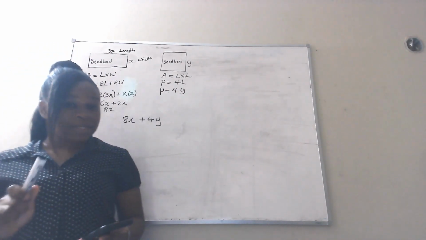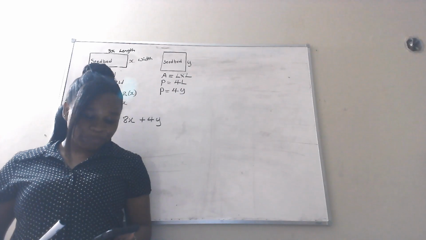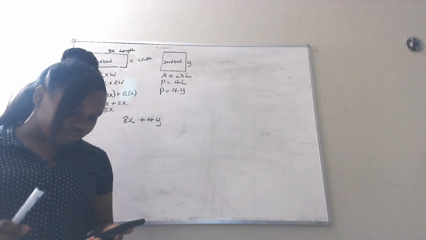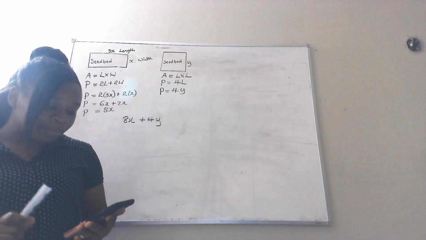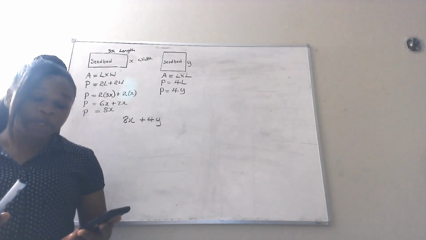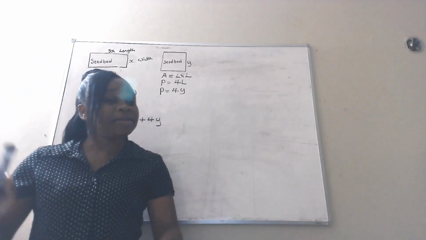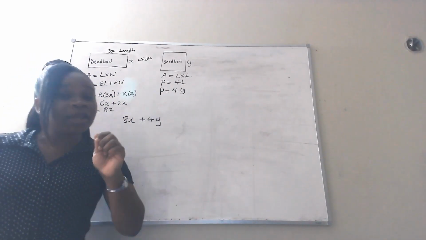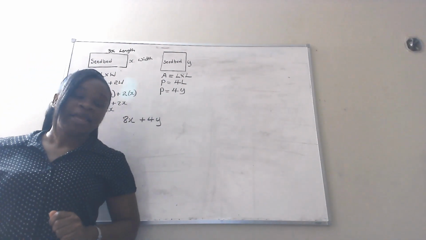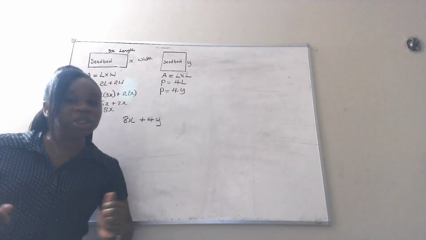This is a bit of a tricky question because it's saying derive a simplified expression for y in terms of x. We can only do something like that if we're working with equations.